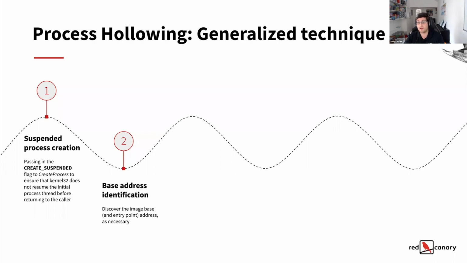Another popular technique is to call GetThreadContext on the initial process thread, and the RBX register of that thread context at this stage will point to the PEB address again. And again, the image base is simply an offset of that.